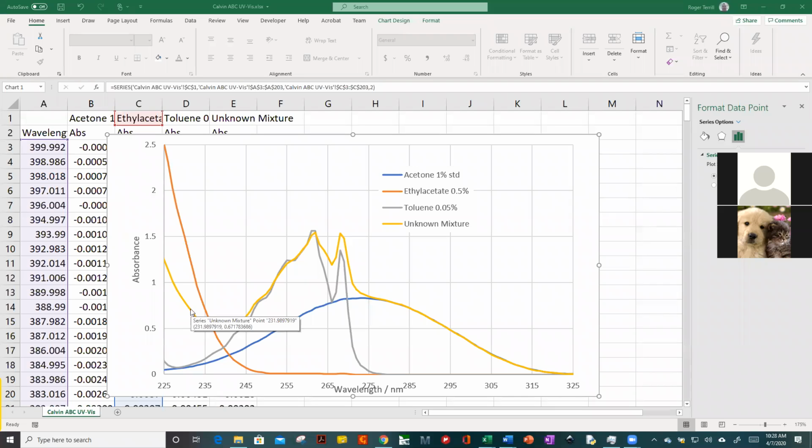And the absorbance of the unknown mixture at 230 is 0.75, almost exactly. What does that mean about the concentration of ethyl acetate in the unknown relative to the standard?